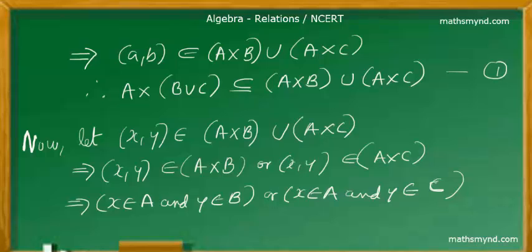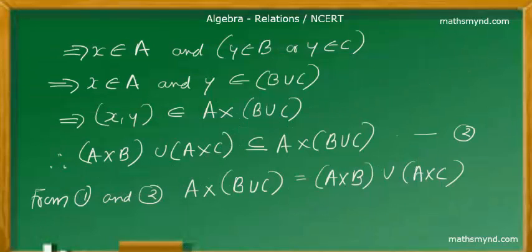Now we are separating out the elements, that is x is an element of A and y is an element of set B, or x is an element of A and y is an element of set C. Which brings us to the point that x is an element of set A and y is an element of set B or set C. As we already know, when this 'or' is put in, it indicates a union.